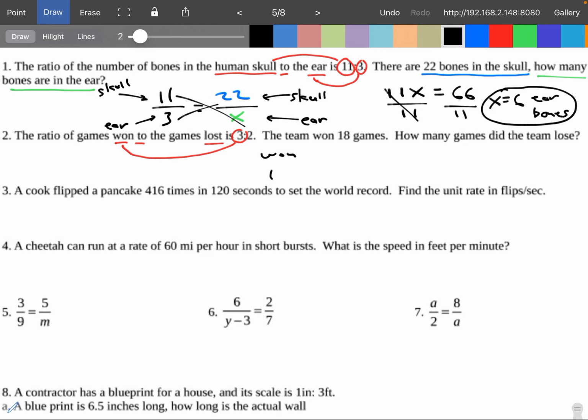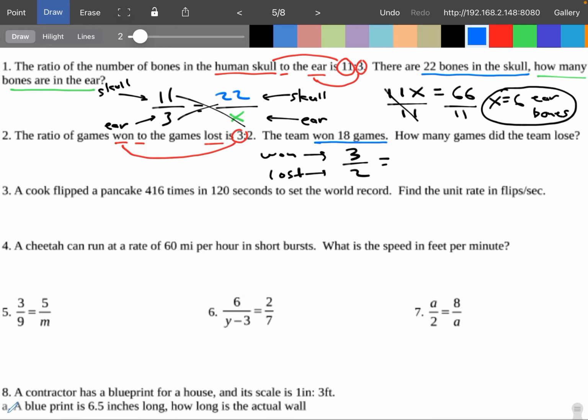We're going to say won over lost. So the ratio is 3 to 2. And then the 18 games, is that won or lost? Yeah.